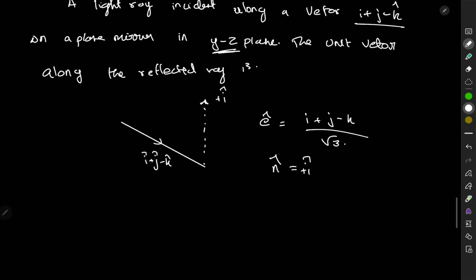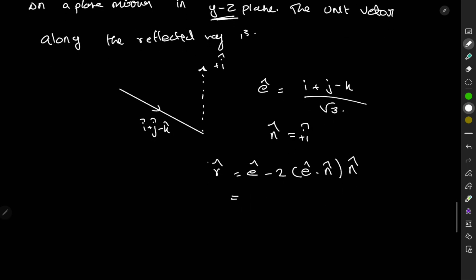So we know the formula, r cap is equal to e cap minus 2 e cap dot n cap n cap, right? So e cap is given as i plus j minus k cap divided by root 3, minus 2 times 1 by root 3, okay.